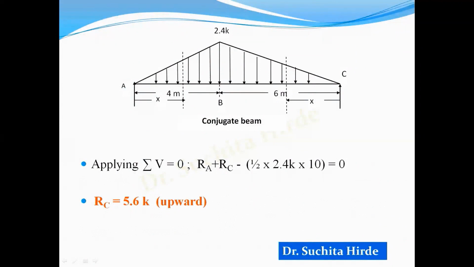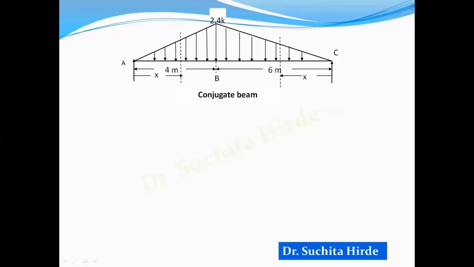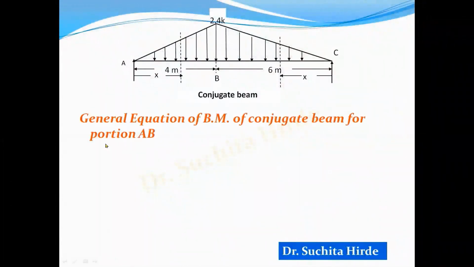Now we will see how to write the general equation of bending moment. First for span AB, we will take a general section at distance x. X is measured from A. So how can we write the equation?